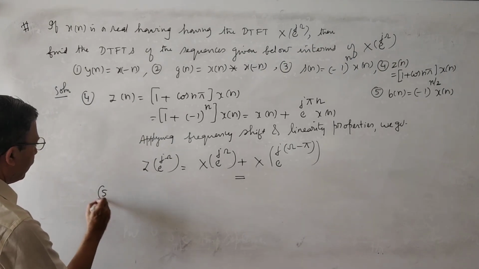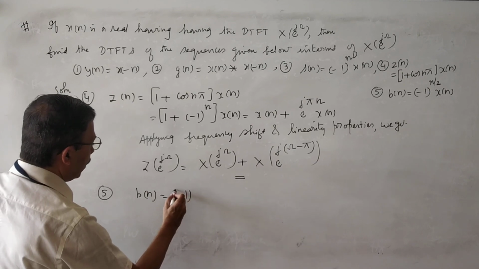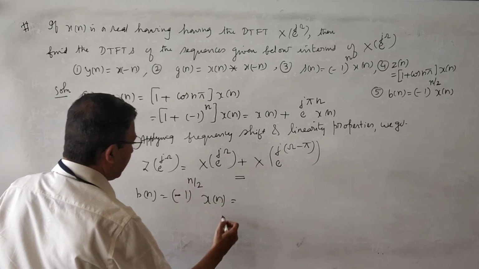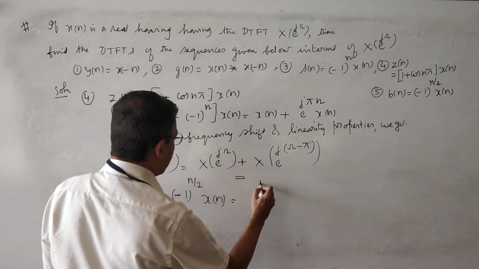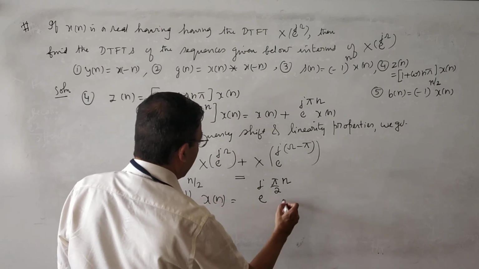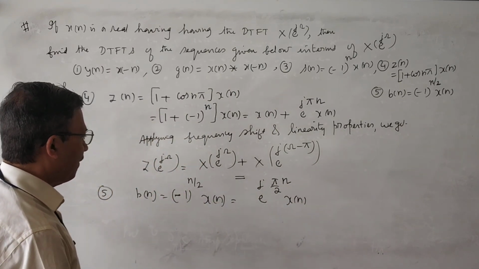Fifth one, b of n equals minus 1 to the power n by 2 into x of n. This can be written as e to the power j times pi by 2 into n into x of n, because minus 1 is e to the power j pi.